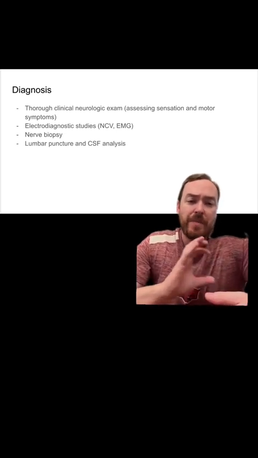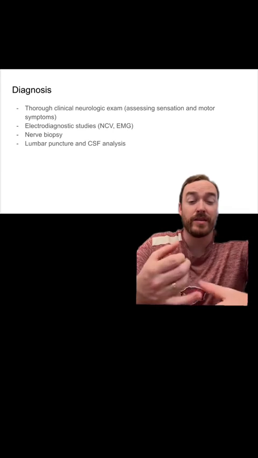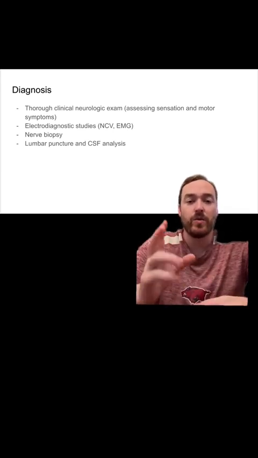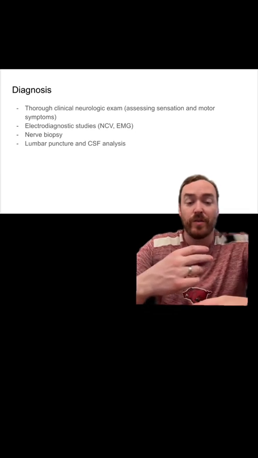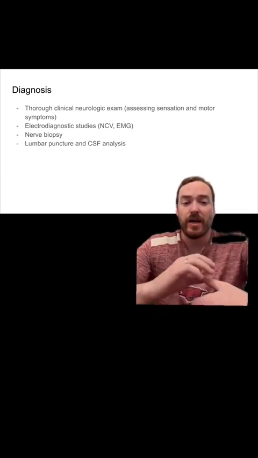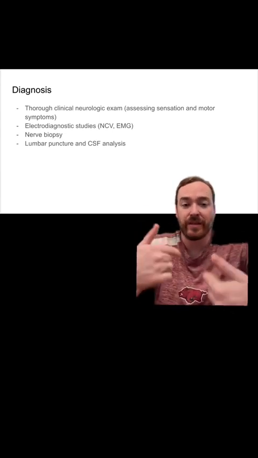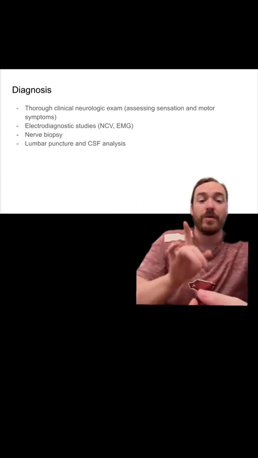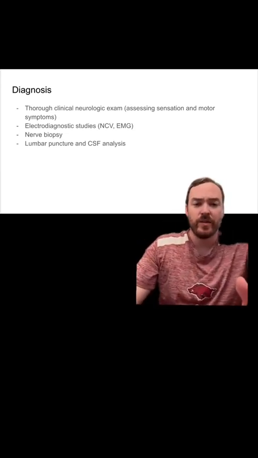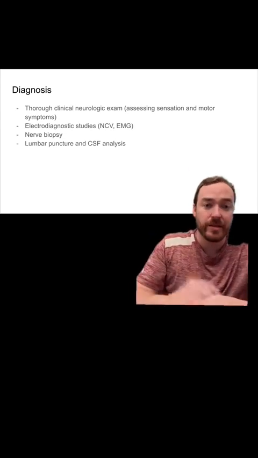They can take biopsies of nerves themselves that are in the distribution of the sensation or muscle loss, and then they also can do lumbar puncture to harvest cerebrospinal fluid, and what they're looking for in that cerebrospinal fluid is just inflammatory markers that indicate that there is an inflammatory process going on, but not necessarily any one of these things is going to lead to a diagnosis of CIDP. It's usually a combination of several or all of these things.